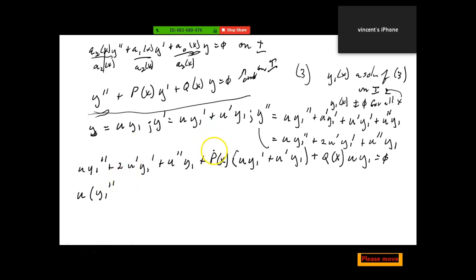And then we're going to add to it this term here, the p of x times this. That's going to be plus p of x, u, I already pulled the u out, sorry about that.